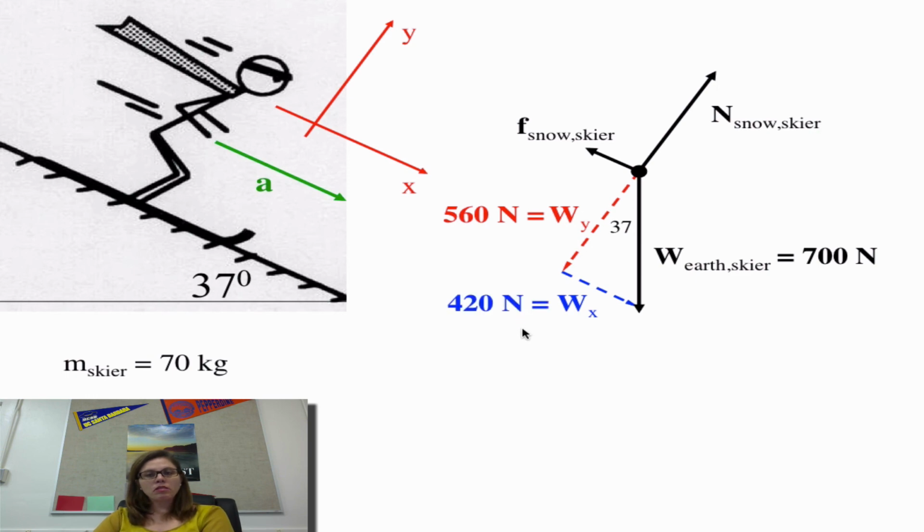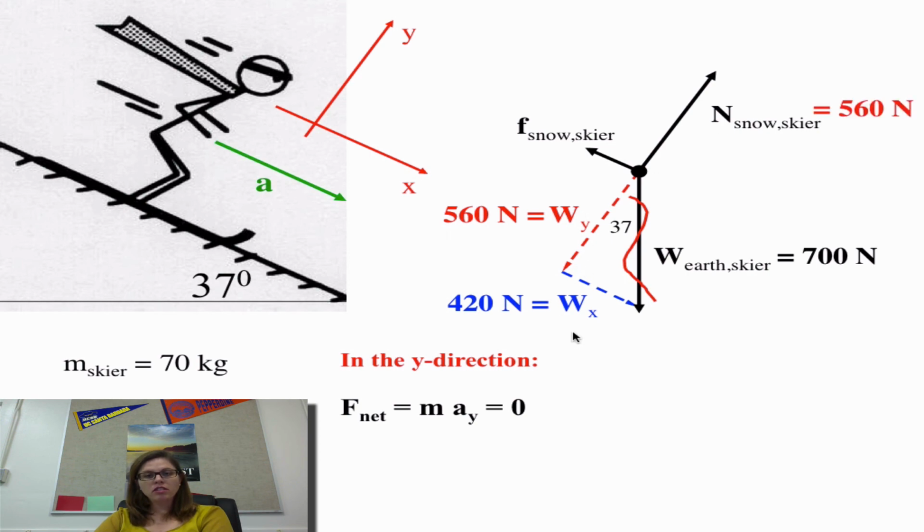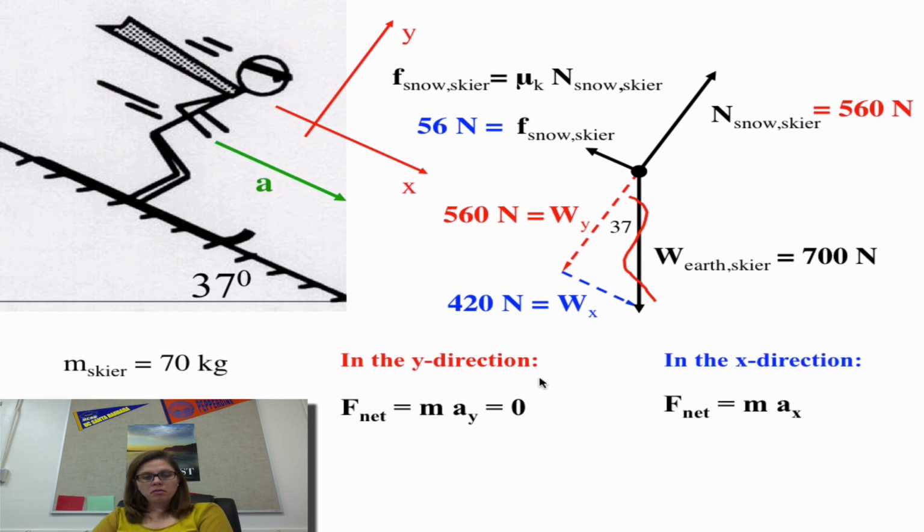And then when we do that, we know the acceleration of the skier in the y direction is 0, so Wy is equal to the normal. Friction is equal to mu n. Since mu is 0.1 and the normal is 560 newtons, mu n is 56 newtons. And so then we can do the F net in the x direction, and the acceleration's down the incline.